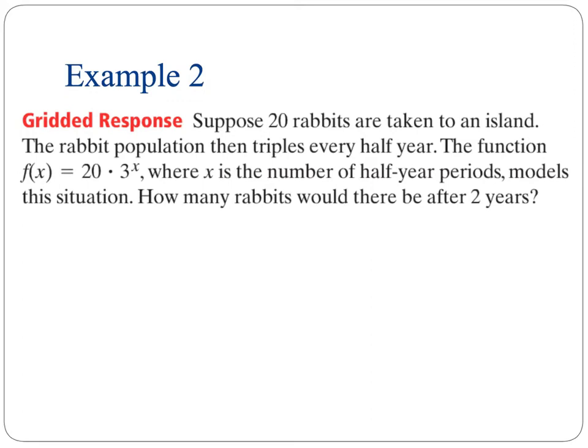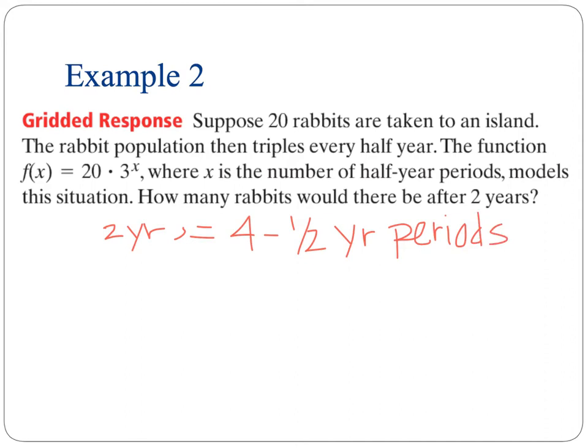Well, 2 years is really equal to 4 half-year periods. So when we go to plug in 2 years, we're not going to plug in 2, but we're actually going to plug in 4.